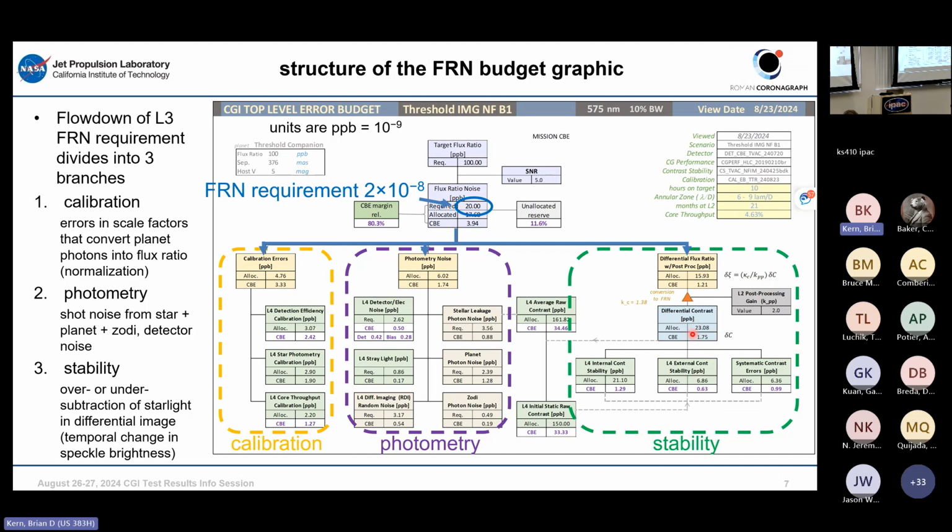We roll it all up and we say, this is how much the speckle brightness changed during the differencing. And then we apply a post-processing gain as people analyzing the differential data will be able to get an even bigger reduction by this value. We're not trying to get this number right. We just use it as specified. And the real answers will be as accurate or not, depending on what this number turns into.